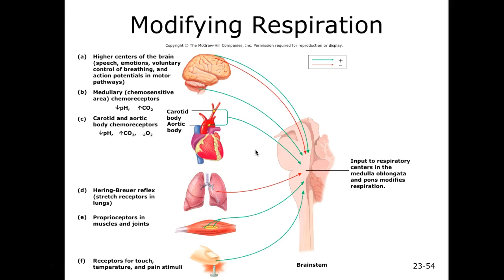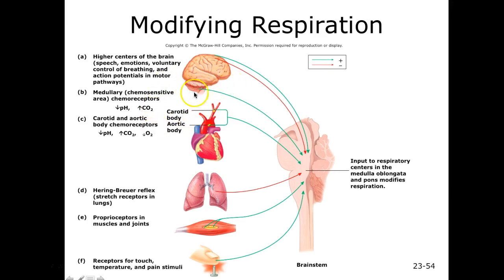When we need to modify our respiration, there's a couple different ways in which we can do this, and I didn't want to dive into too many details here, but we're going to be able to use our higher brain centers. Things that will affect it are our speech, our emotions, voluntary control of breathing, and action potentials within our motor pathways.